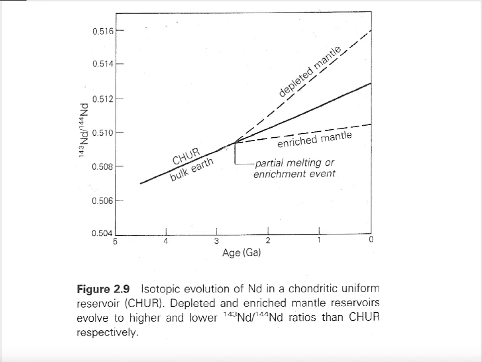Then by partial melting or an enrichment event, we are forming the depleted mantle, and here we are forming the enriched mantle. So we are splitting this. That means the depleted mantle shows higher 143 to 144 neodymium ratios, and the enriched mantle lower.